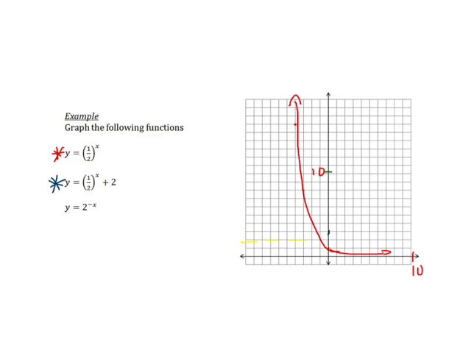The asymptote, which was the x-axis, is going to go up 2. And now let's plot our points. This 1 goes up 2, this 2 is going to go up to 4, 4 is going to go up to 6, 8 is going to go up to 10, and our graph looks like this.